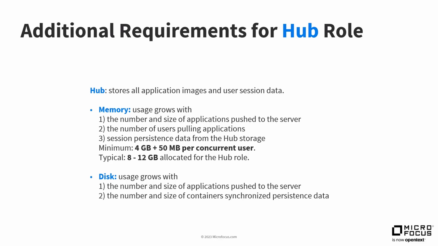As a general rule of thumb, you need a minimum of 4 gigabytes of memory and 50 megabytes of memory per concurrent user. In typical environments, I see around 8 to 12 gigabytes allocated to the hub role. If it's a smaller environment, let's say maybe 100 users, you're probably safe going with around 4 gigabytes of memory, unless you have some really big applications.